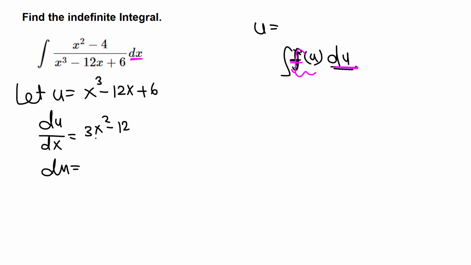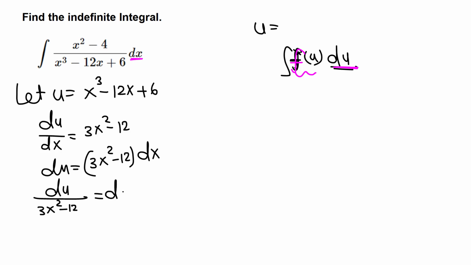So du equals 3x squared minus 12, that quantity, times dx. Now we divide both sides by this quantity to isolate dx. So du over 3x squared minus 12 equals dx. Now dx is this, and we have u.